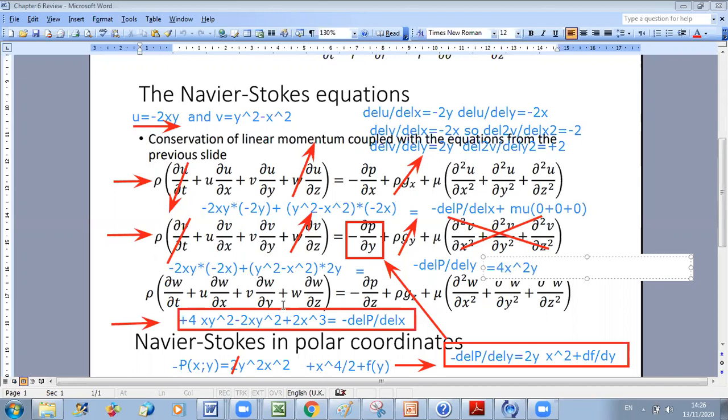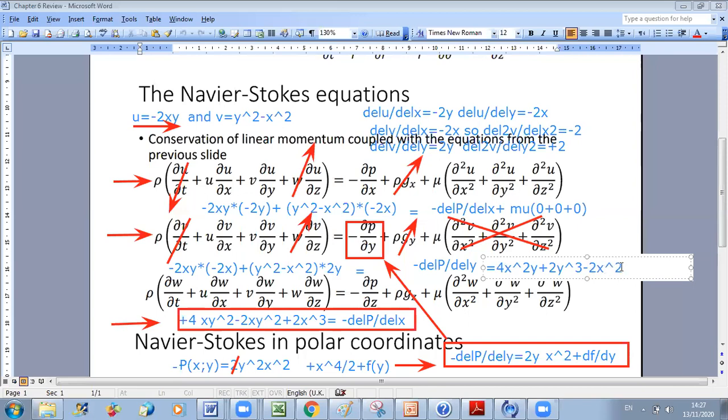And I have plus 2y cubed, and minus x square times 2y.